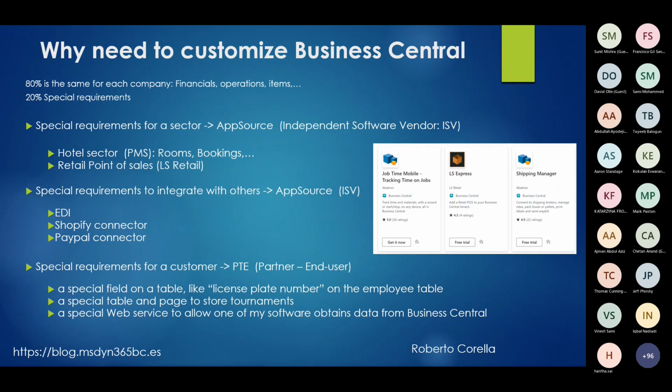Someone wants a special table for something, or needs a web service to allow a connection with another software. This is a special requirement, and we need to create an extension to modify and improve Business Central, right?